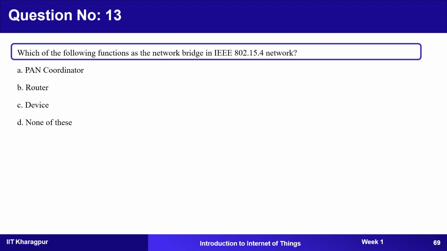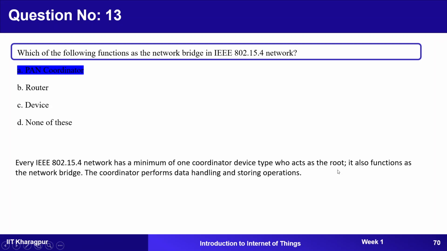An IEEE 802.15.4 network has a minimum of one coordinator device type, which acts as a root and also functions as the network bridge. This coordinator is called the PAN coordinator, and it performs data handling and storing operations.